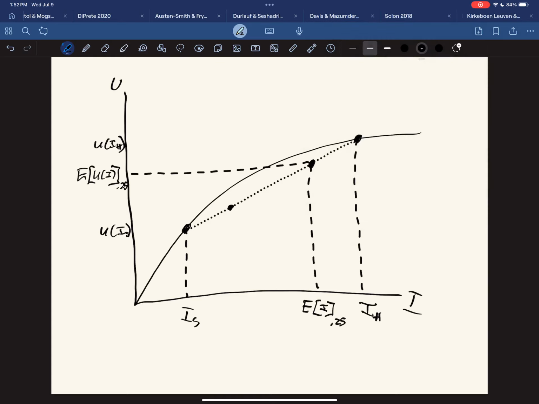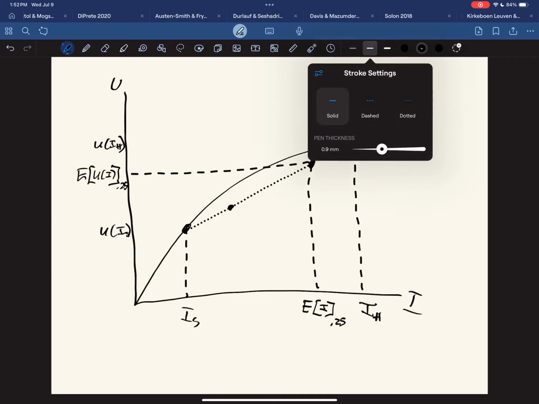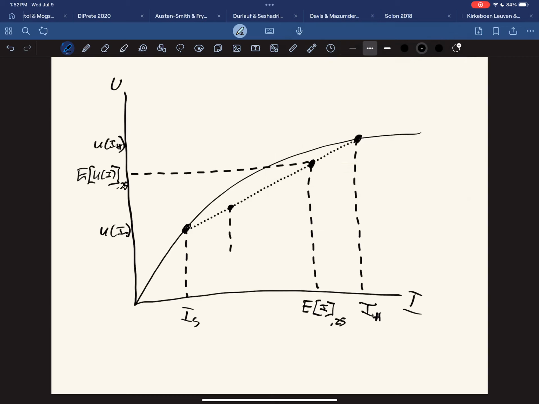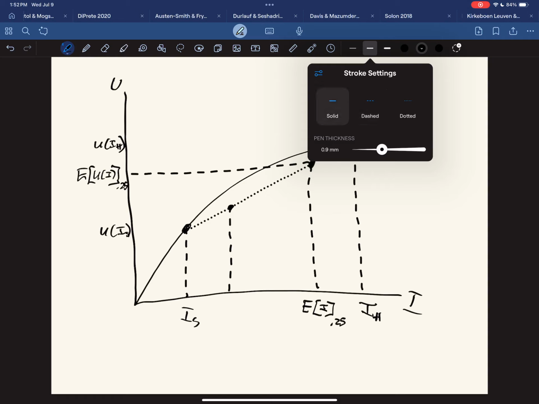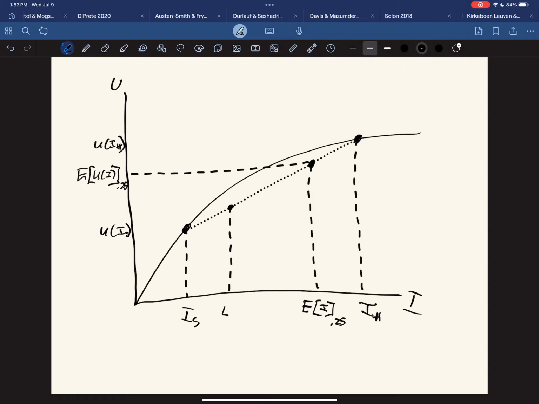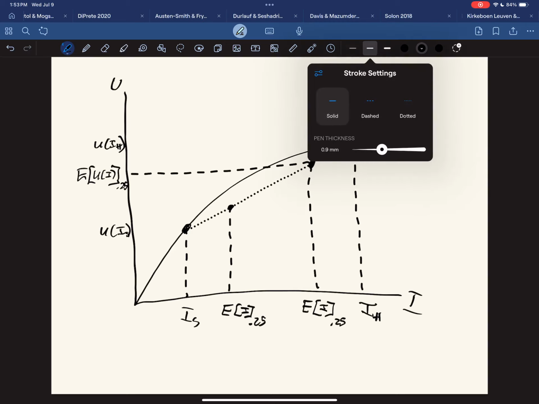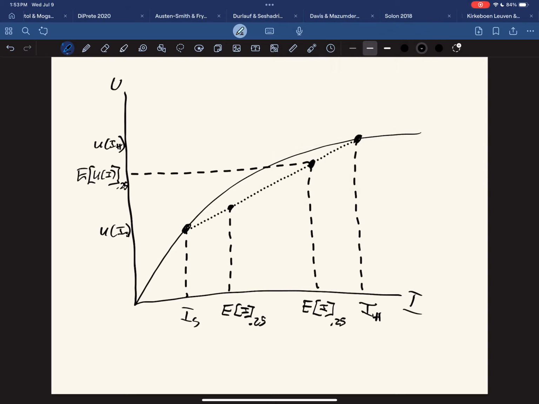Solid is going to be my expected income when P is 0.25, and then my expected utility of income when P is 0.25 is, that should be dashed.